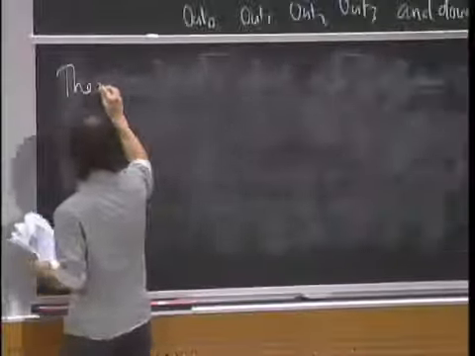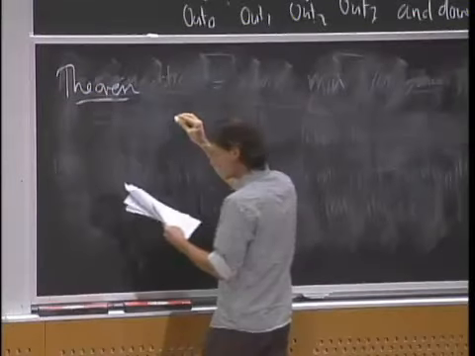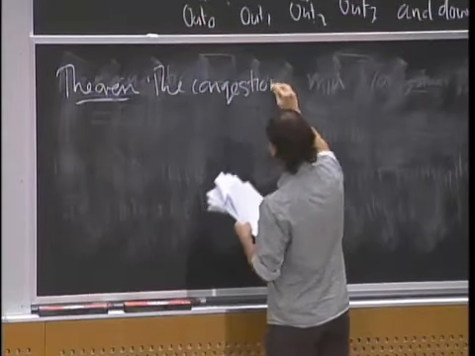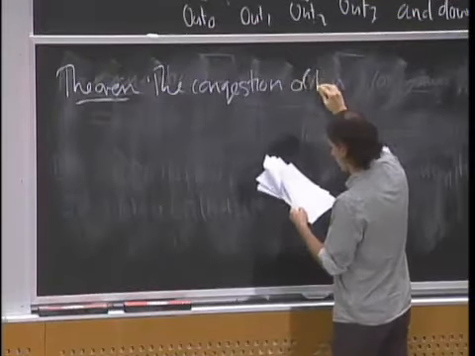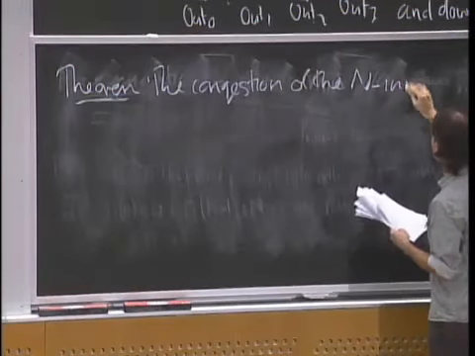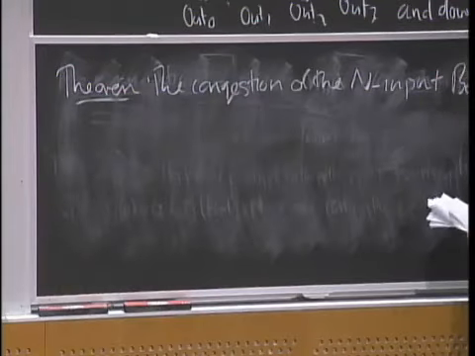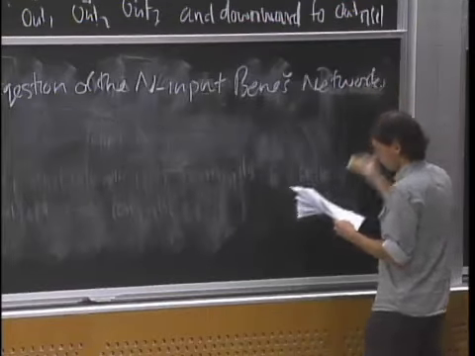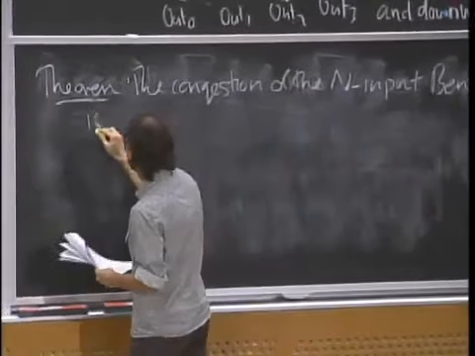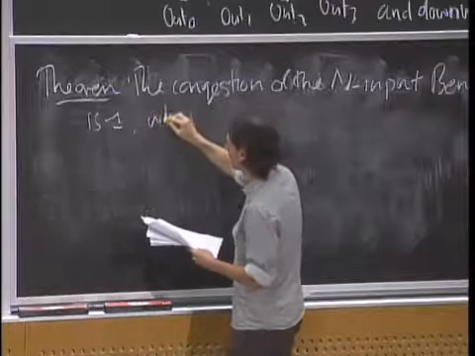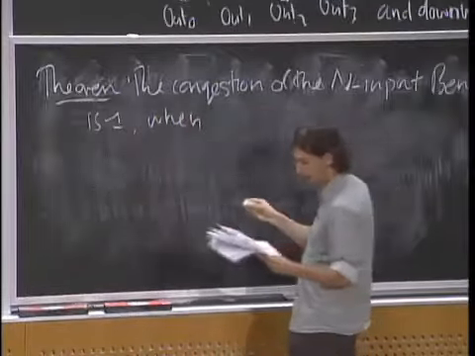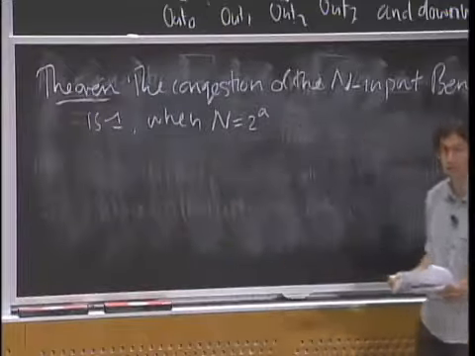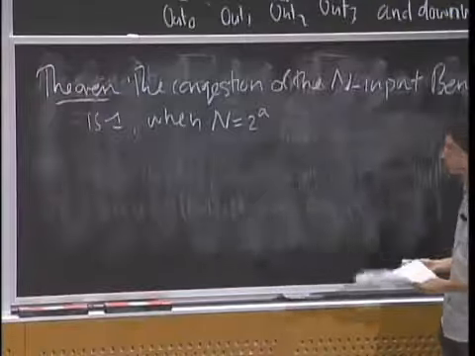Okay, so what's the theorem? So the theorem is that the congestion of the n input Beneš network is actually equal to 1. And we will prove this for n equal to a power of 2. We have assumed that at the start with all the other networks as well.